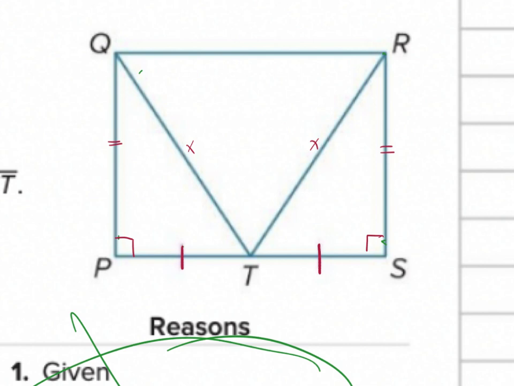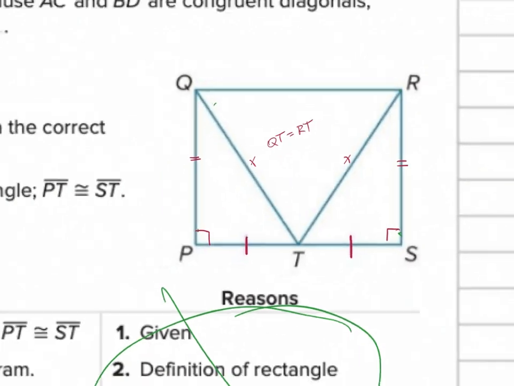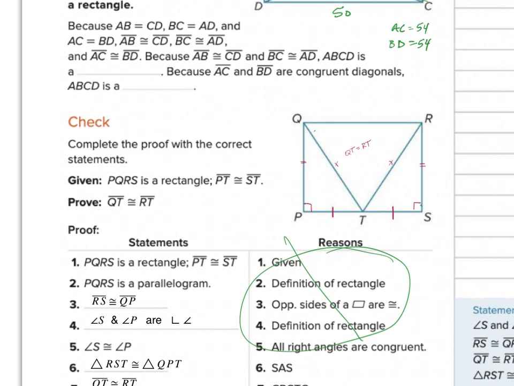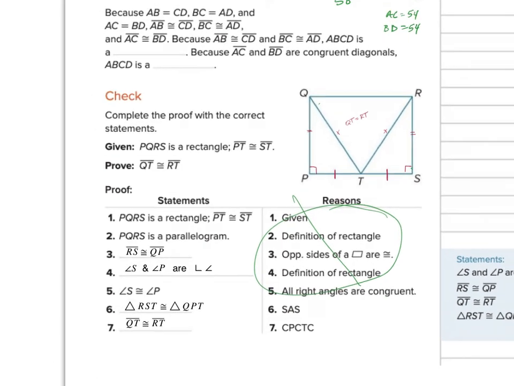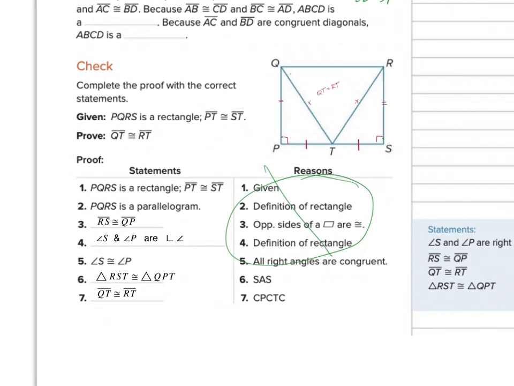I have side angle side of this triangle congruent to side angle side of this triangle. Therefore, corresponding parts of congruent triangles tell me that QT is the same as RT. So again, being able to use those definitions that we're talking about allows us to find out a lot of the information that we need.